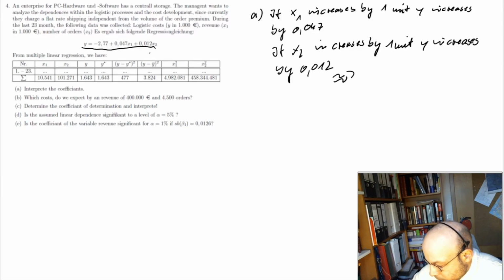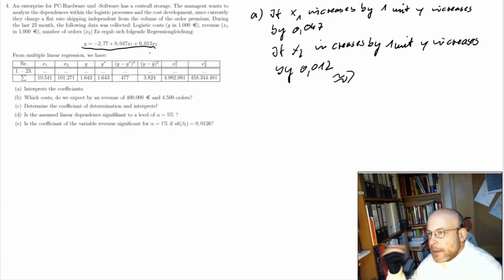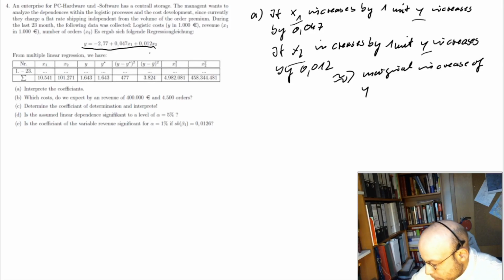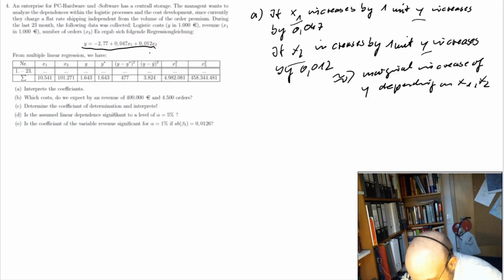So in general, this linear regression, as always, gives us a hint what is the marginal increase of the dependent variable due to an increase of our independent variables. Marginal increase of y depending on x1 or x2.